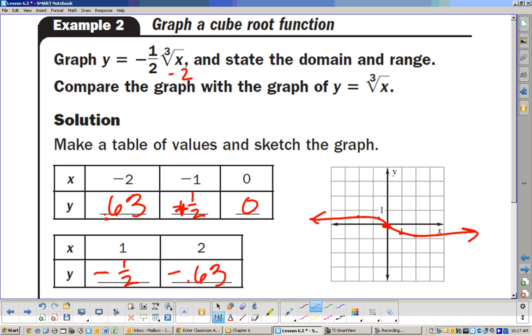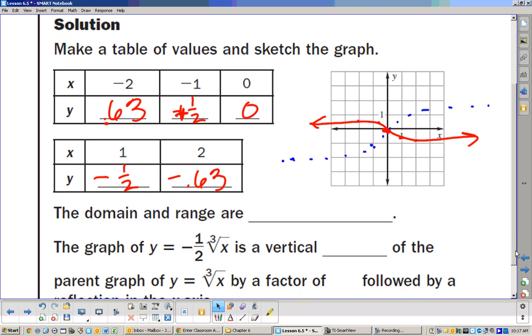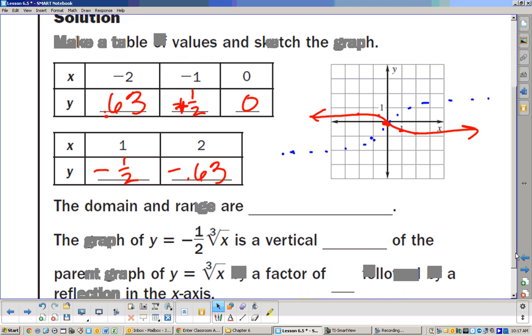Now we're supposed to compare that to the parent function. This is the parent function, 1, 1, 8, 2, which is way out here someplace. Okay, there's the parent. So let's talk about it down here. What does it say? Domain and range. Well, we have the cubic root.